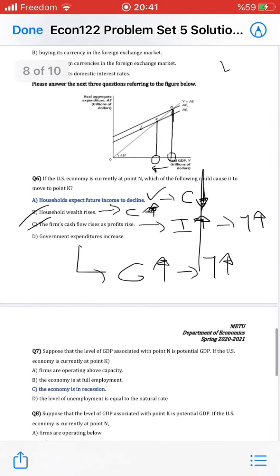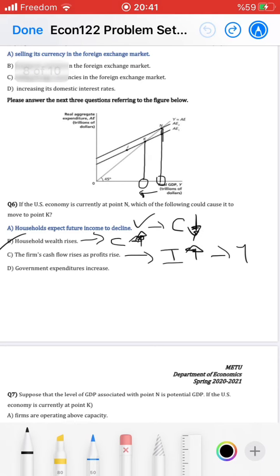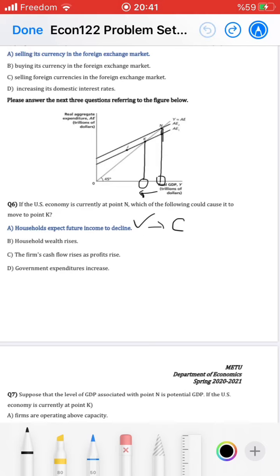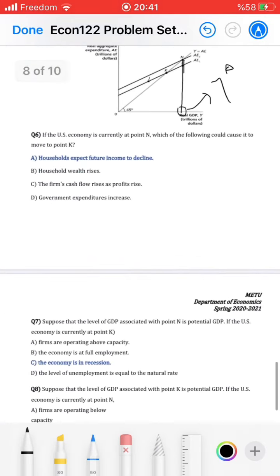Suppose that the level of GDP associated with the point N is potential GDP. So let's go to our graph and delete all these points. It says that N is our potential GDP. So this is our potential GDP. Let's indicate it with Y star.